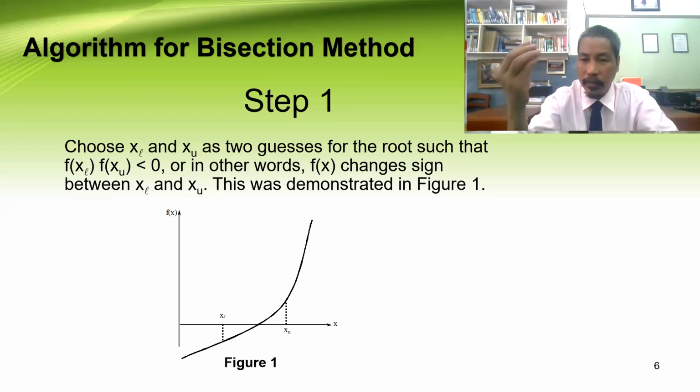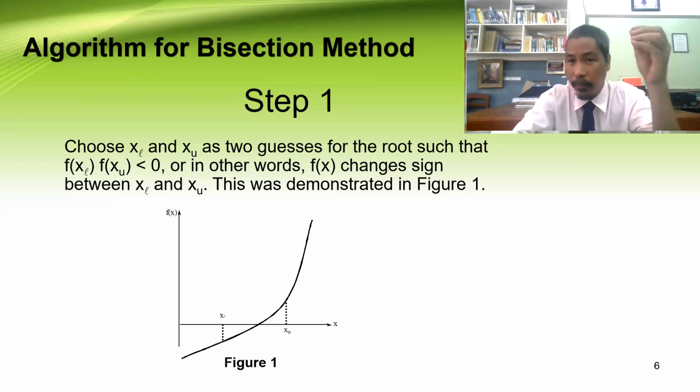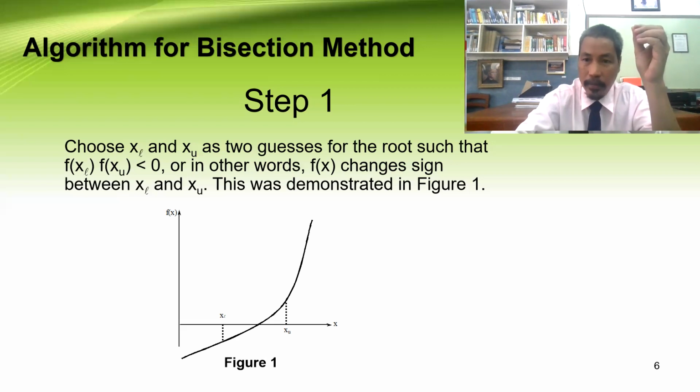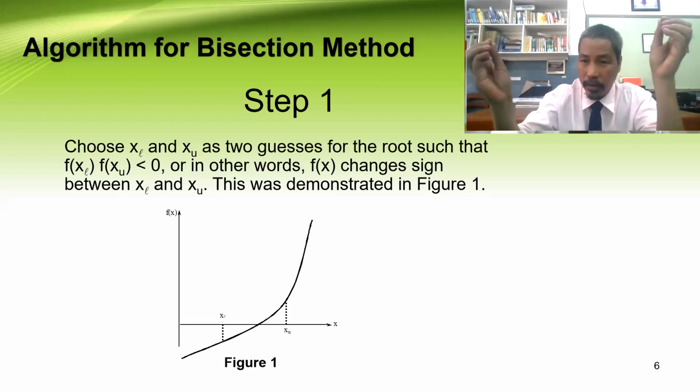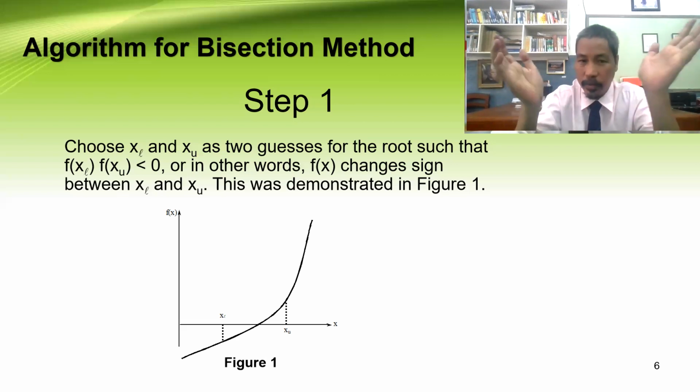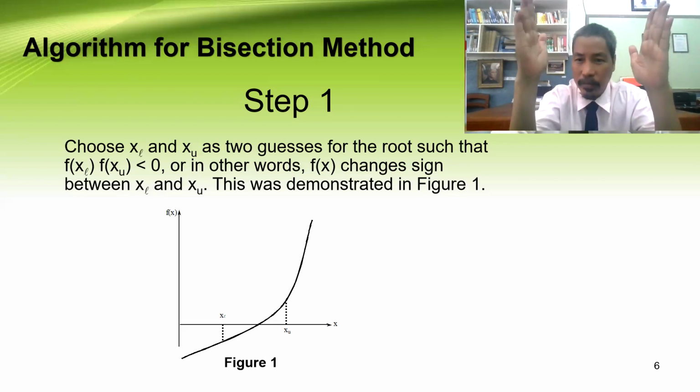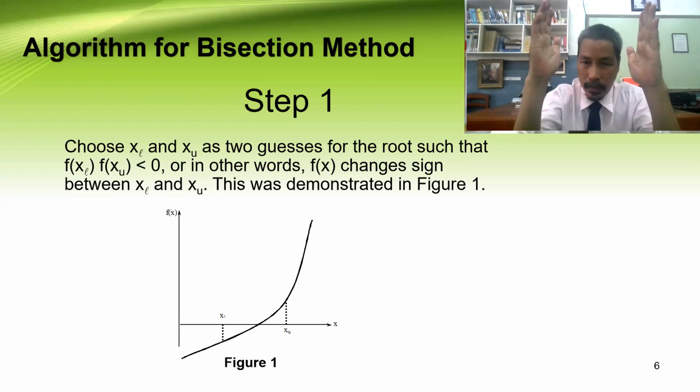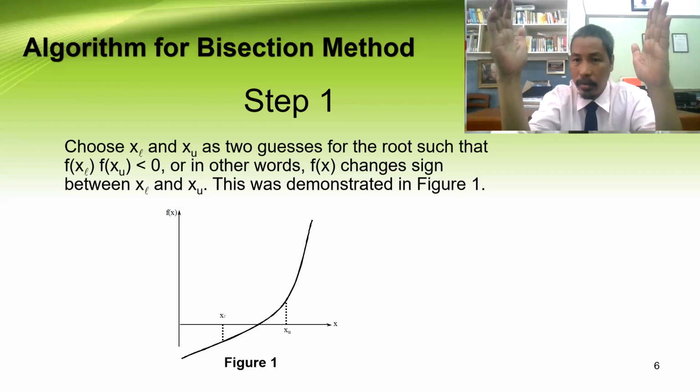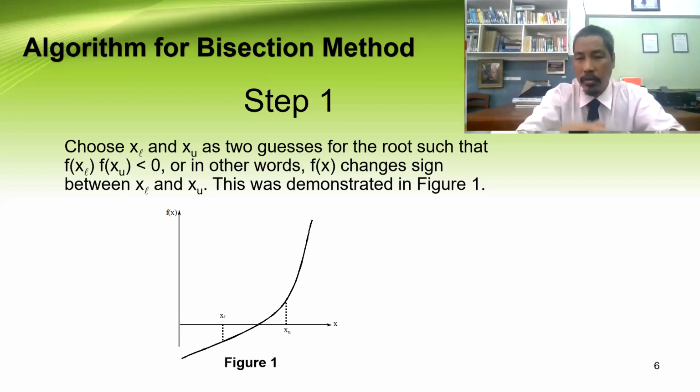Then after evaluating, if the result is negative, that is the one we needed because we already have positive as our first evaluated function. So positive and negative, it is enough. We already know that between that domain from x1 and x2, there is at least one root of the function.